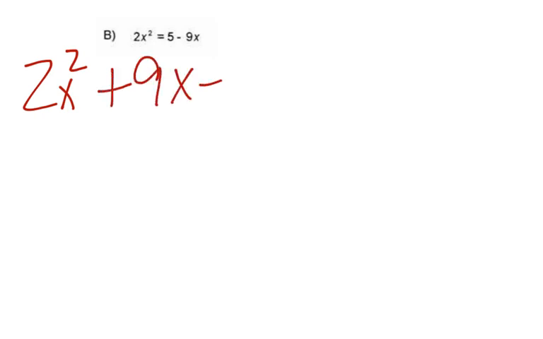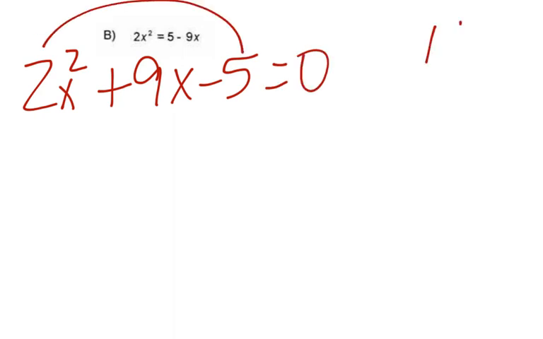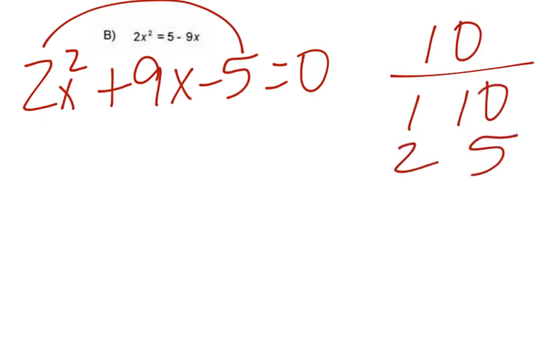Get everything on the same side and in order from x squared to x to the number. So 2x squared plus 9x minus 5 equals 0. Multiply the first and last number and you get 10. That's what you find the factors of, 1 and 10, 2 and 5. Signs are different. Largest is positive, and I need the ones that equal 9. I can't just go to my equations now.